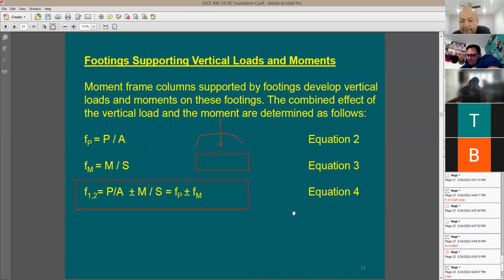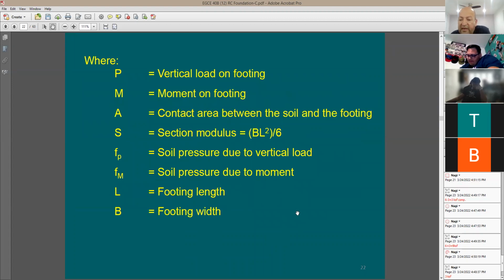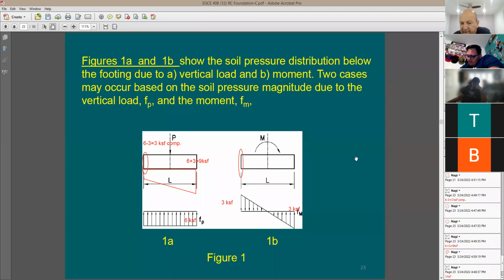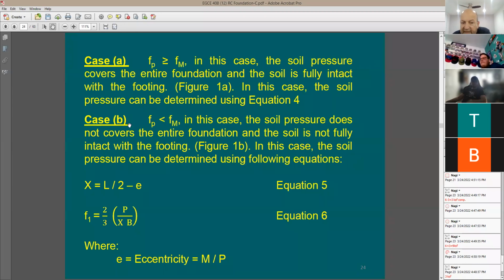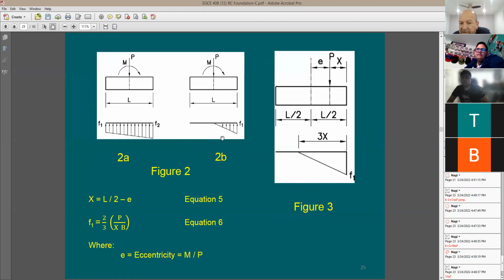So, okay. How about if I end up having some tension and the footing is going to start to lift up? Let's say in a case like this, it's going to be case B. And in this case, you end up with the stress distribution like this. So what's going on? In this case, this section of the footing was exposed to tension. And the soil cannot take any tension. Just imagine that you're talking here about sand or clay or whatever, right?